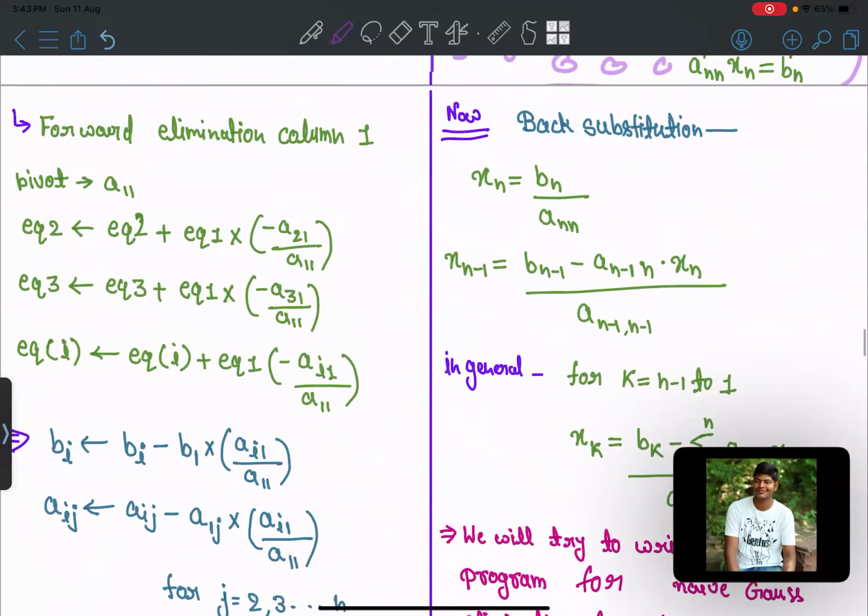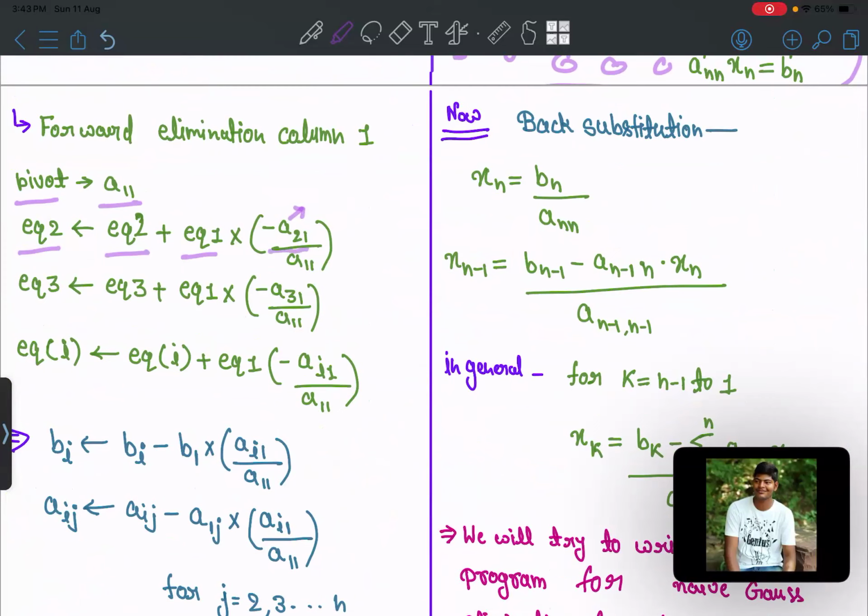So here, for pivot, suppose A11, what we are doing is replacing equation 2 with equation 2 plus equation 1 multiplied by minus A21 divided by A11.